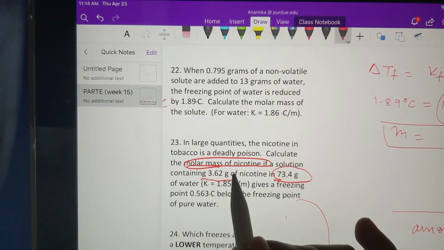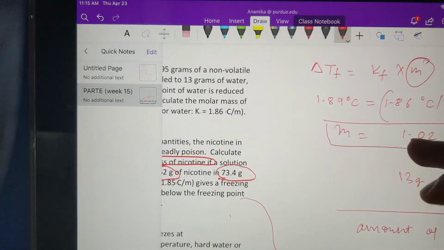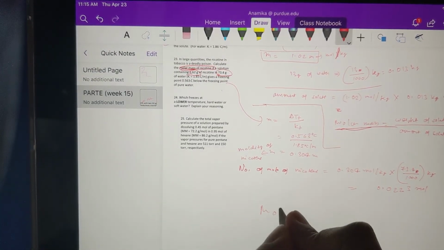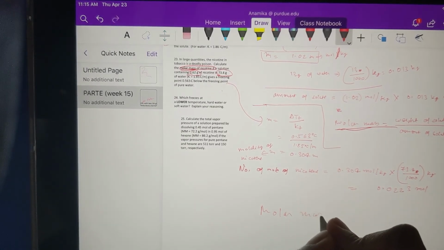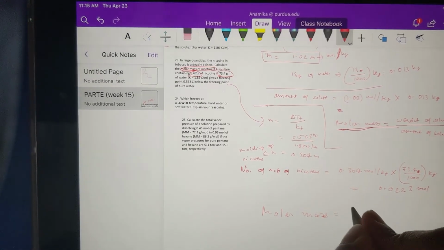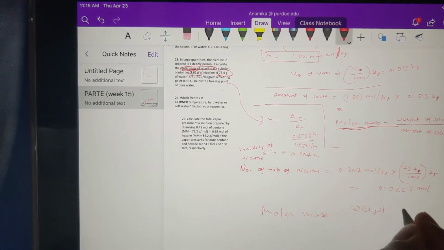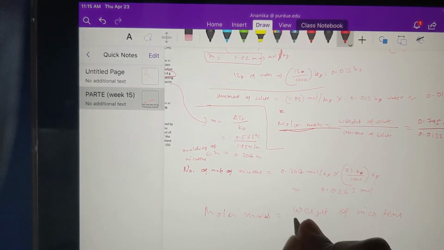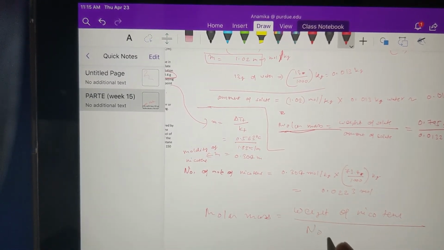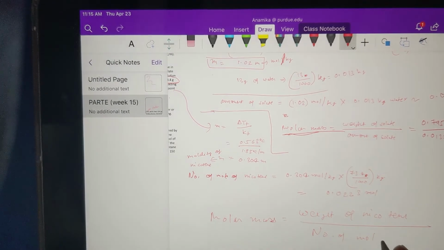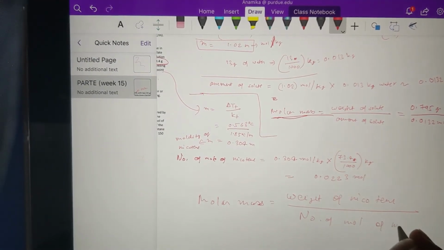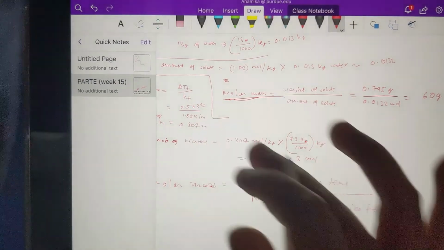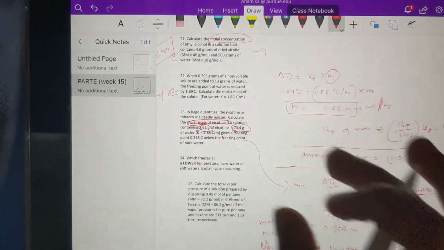Okay, so you have the number of moles of nicotine, and you have the weight of the nicotine, which is 3.62 gram. So now you can calculate the molar mass of nicotine from here, which is weight of nicotine divided by the number of moles of nicotine. So how much do you have? It's 3.62.